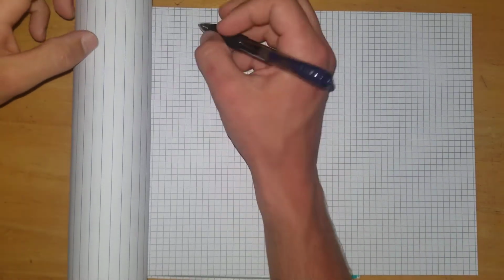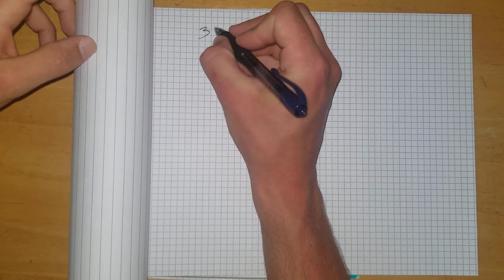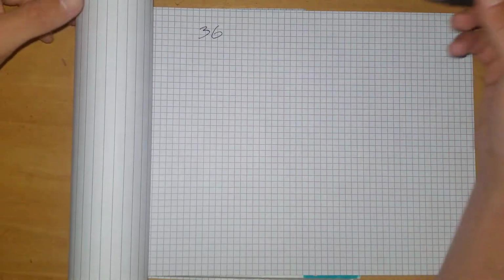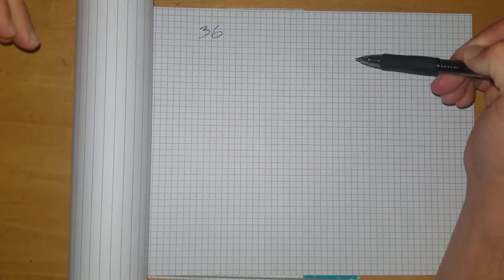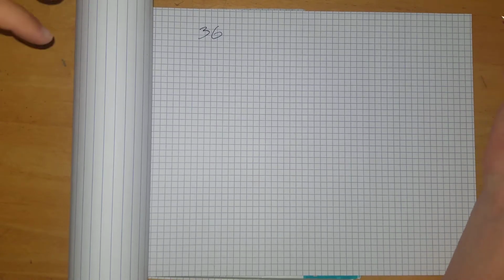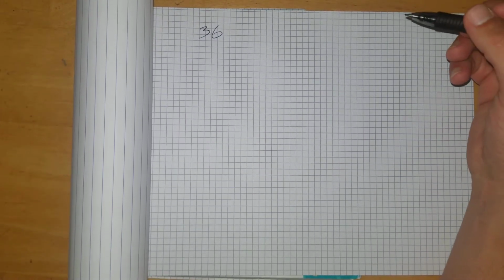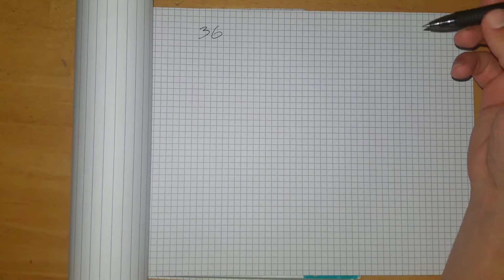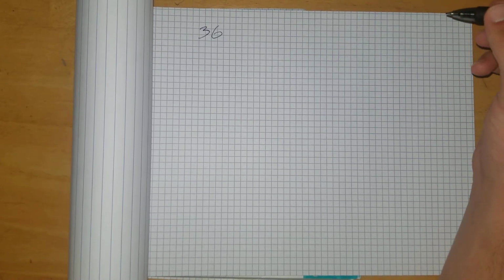So to begin with, we're just going to look at numbers. We studied that every number can be broken down into a product of prime numbers. And a prime number is any number that is divisible by 1 and itself, and those are the only two numbers that it's divisible by.